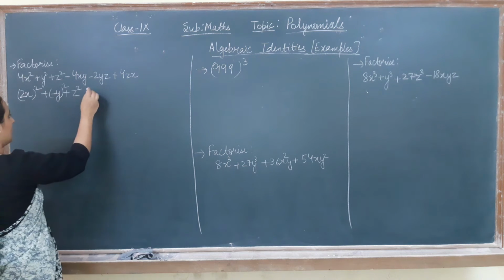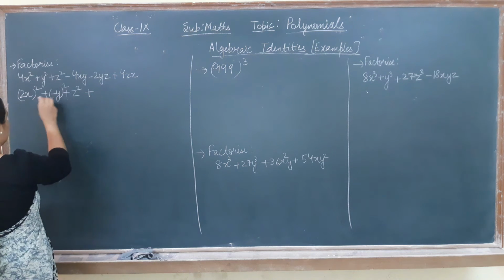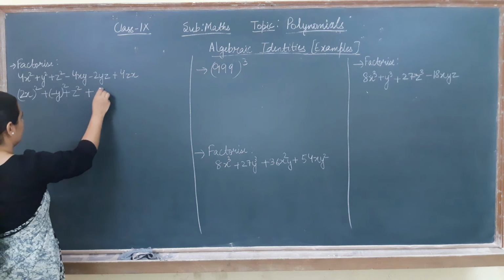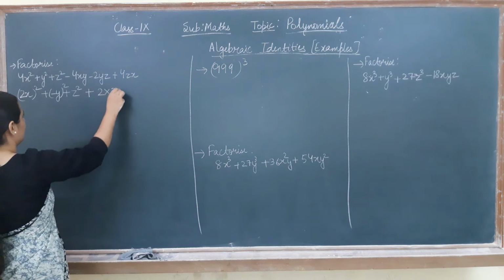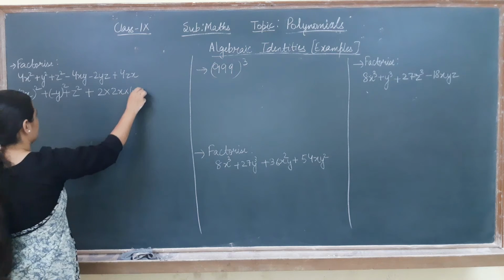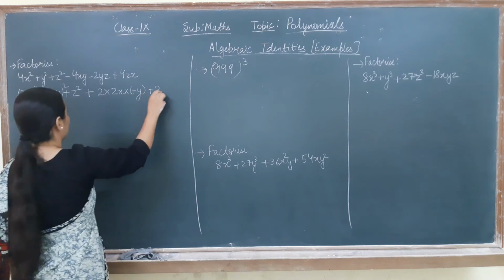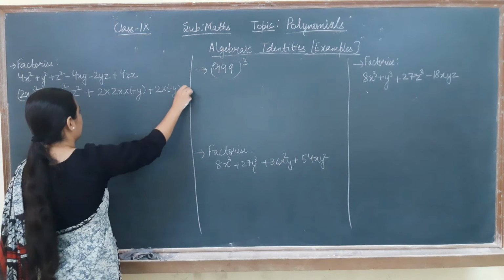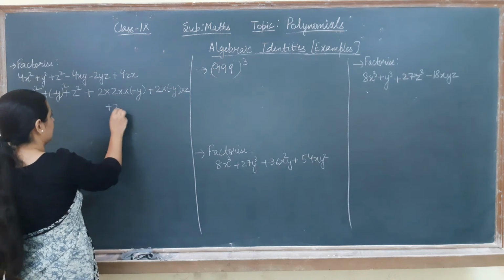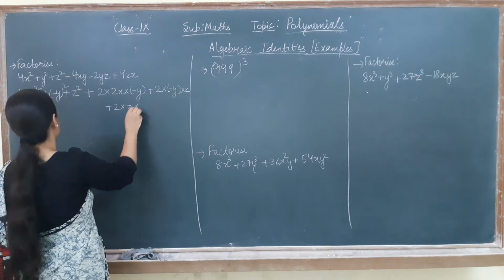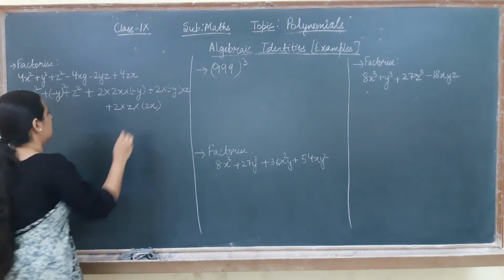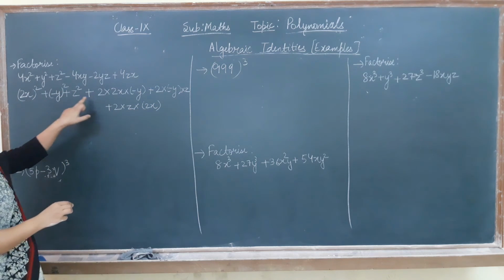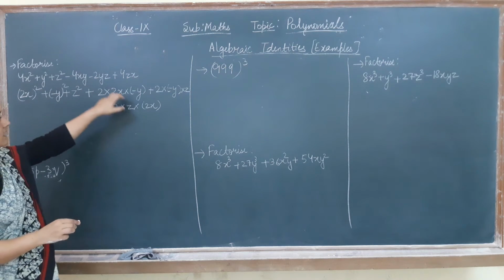Fine. Now let us try to convert x square plus y square plus z square plus 2xy, meaning 2 into 2x into minus y, plus 2yz, that is 2 into minus y into z, plus 2zx, 2 into z into 2x. Now we can see, are we getting the same things? Minus 4xy, yes.